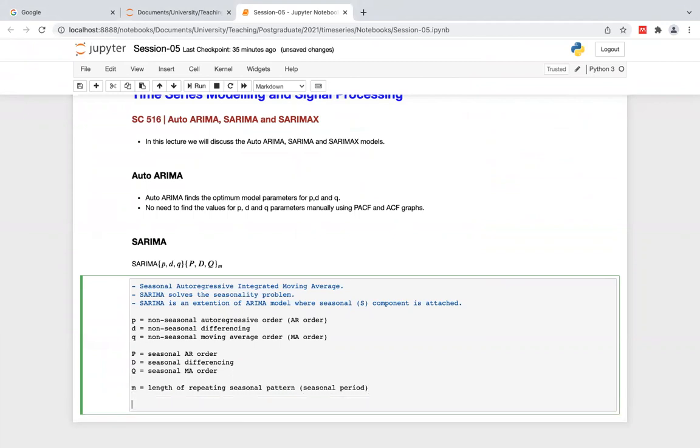As an example, suppose the period of the time series equals 12. Actually it can be rewritten or denoted like this.